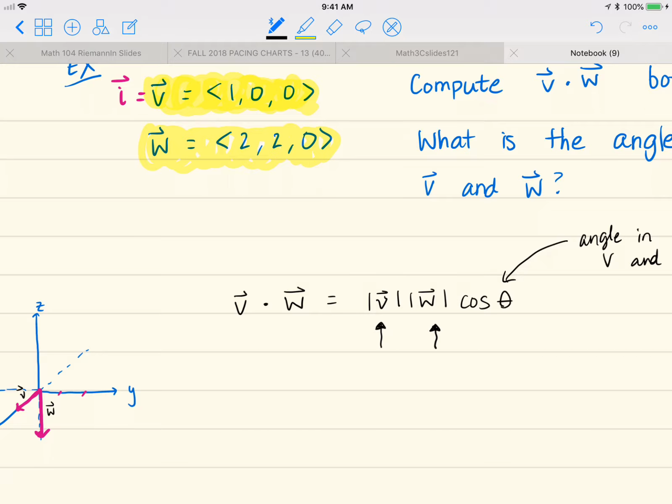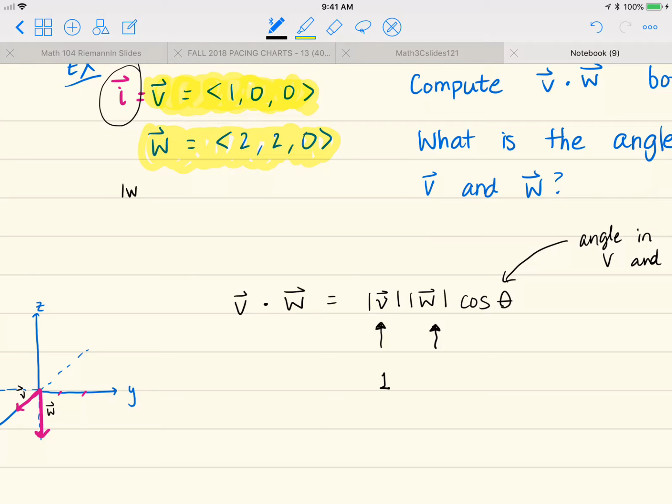Okay, so this is my v. My components for v are 1, 0, and 0. In fact, I know that the magnitude of v is going to be 1 because v is the same thing as i, and remember i, j, and k, those standard components, are all unit vectors. So that magnitude is equal to 1. And what about the magnitude of w?